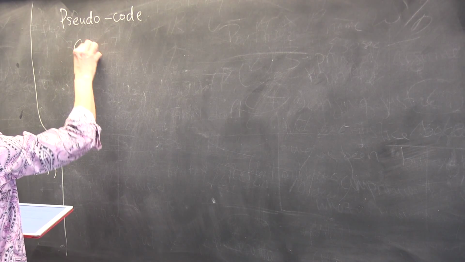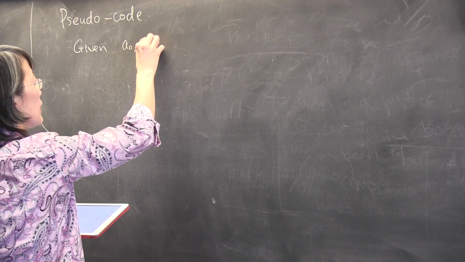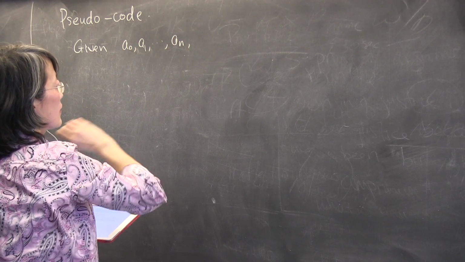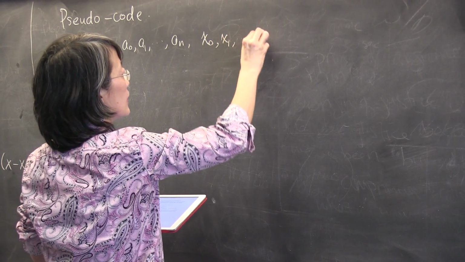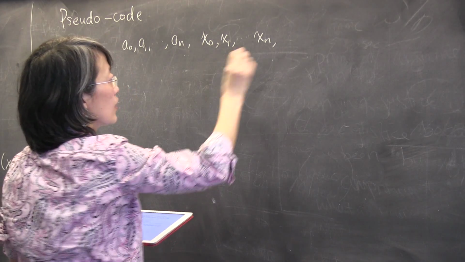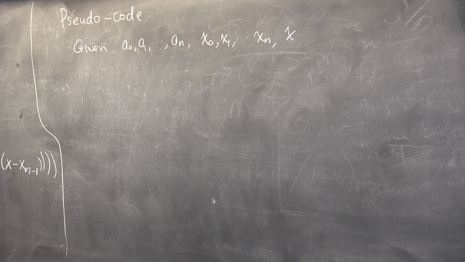So let's say I have the following, given now a0, a1, an, all those a's, and then x0, x1, xn, and then I also need to have an x. So I'll be evaluating Pn at x with this code. Okay? So I do the following.